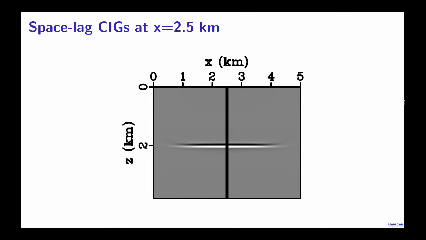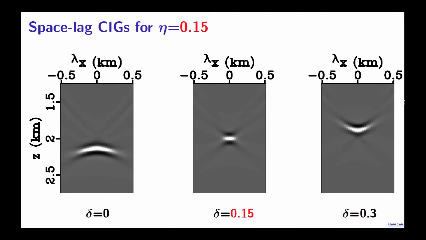So this time, let's only take a look at one CIG located in the middle of the model going through the Gaussian anomaly. And here are space-lag CIGs for different values of delta. This is a clear defocusing caused by neglecting the laterally varying delta field.